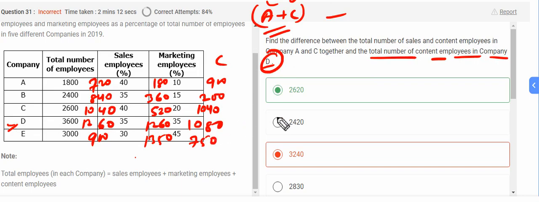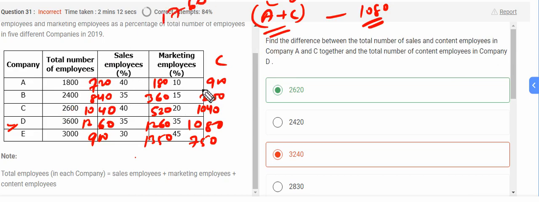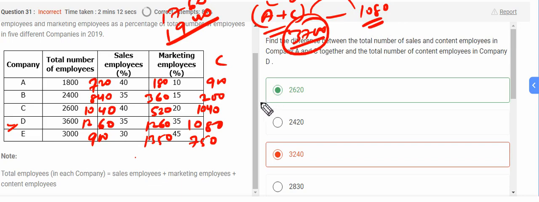So how many employees from company D are in content? 1080. The total of sales employees from A and C together is 720 and 1040, so it will be 1760, and content of A and C together is 1940. So this will give us 3700. If I subtract 1080 from 3700, we'll get our answer as 2600.